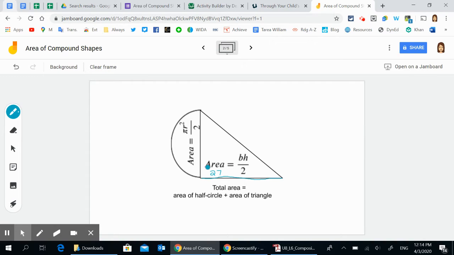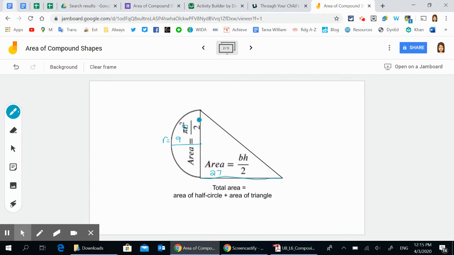And then I'm going to look at my circle. Here's the center. This distance is 9. Now, this is the radius. So r is equal to 9.